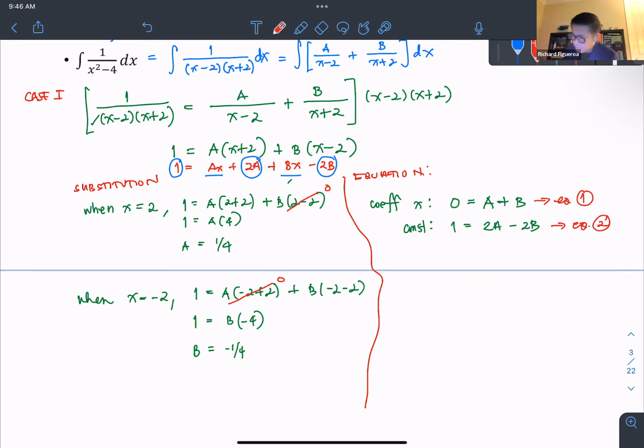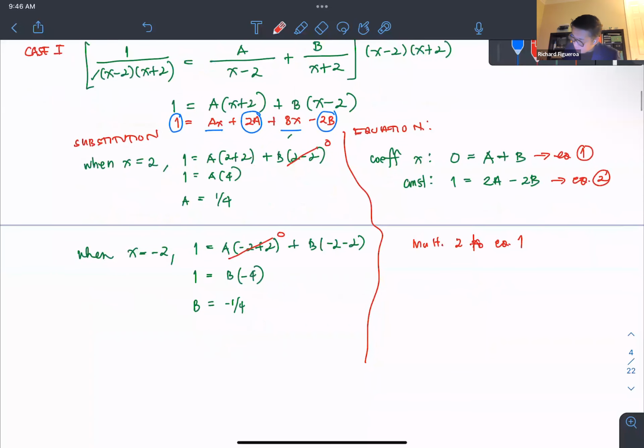For the elimination method, I'm going to multiply 2 to equation 1, so that I can eliminate. That means 0 is equal to a plus b, I'm going to multiply it by 2. So 0 times 2 is 0. a times 2 is 2a. b times 2 is 2b.